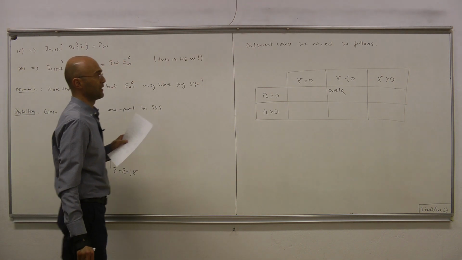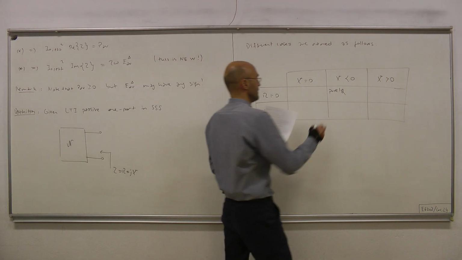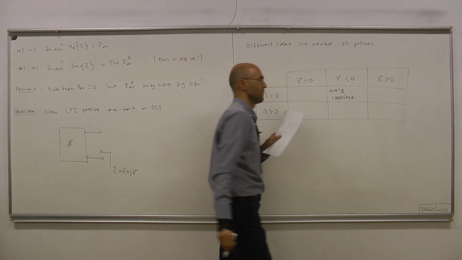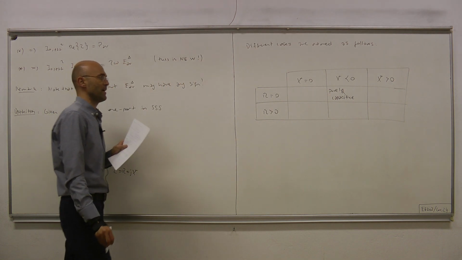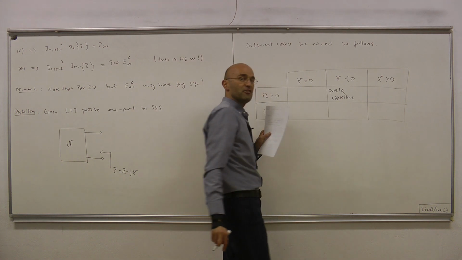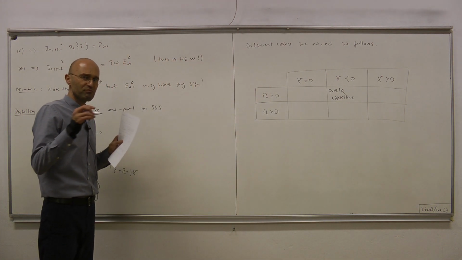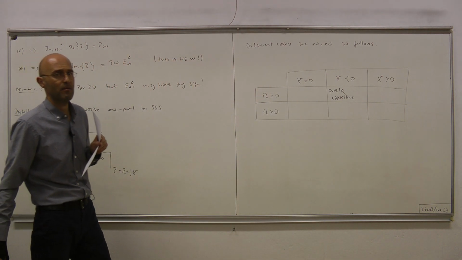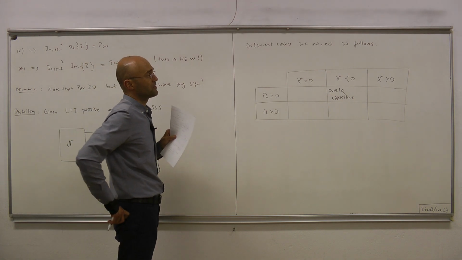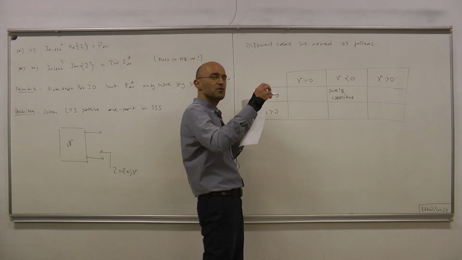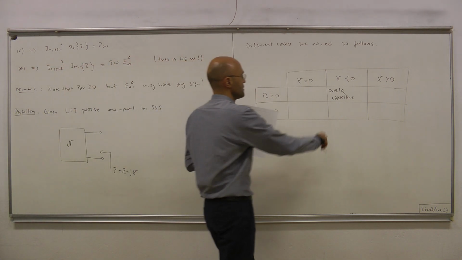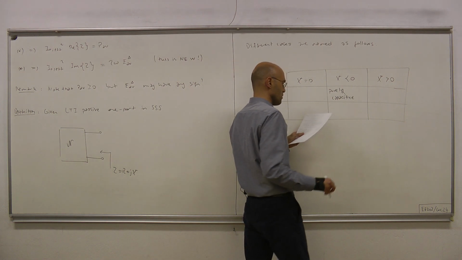Therefore, what we're dealing with is a purely capacitive case. Why capacitive? Because X, the imaginary part, being negative means that the total average stored energies in the capacitors are larger than the average stored energies in the inductors. Therefore, the capacitors are sort of dominating the overall one port. That's why this case is called capacitive.